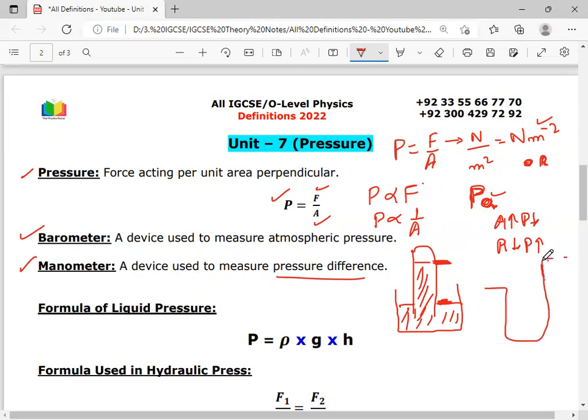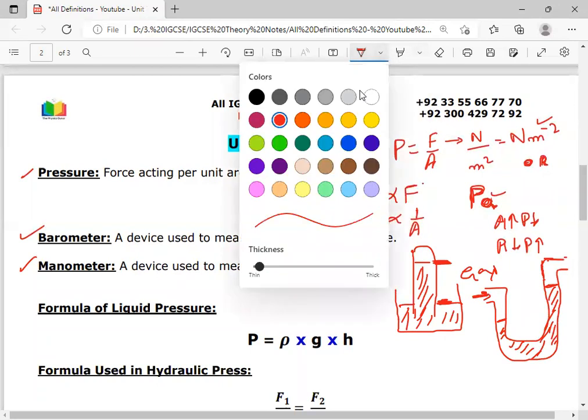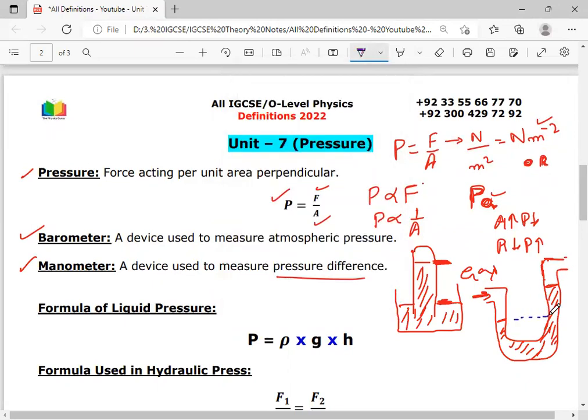We have a U-shaped tube, and from this side we have provided the gas supply, due to which the liquid on the right side of the tube will move up, while the liquid on the left side will move down, because gas pressure is larger than the atmospheric pressure, and here the pressure will be due to the depth of the liquid.